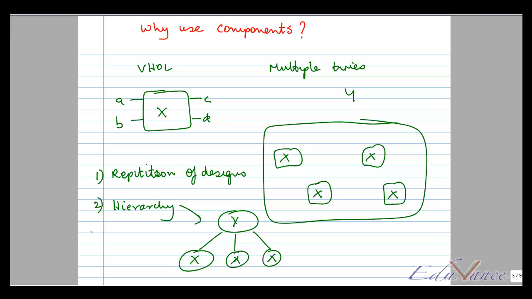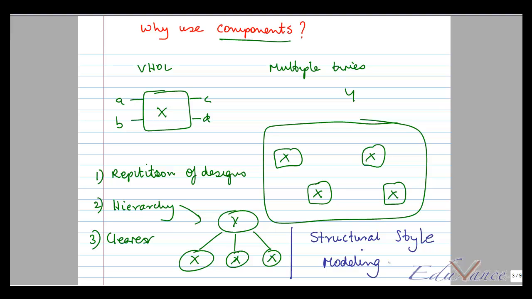So to make your design clearer, we will use the concept of components. Just a quick point is that this style of design is called the structural style of modeling, which we saw as a part of the introduction to the architecture.